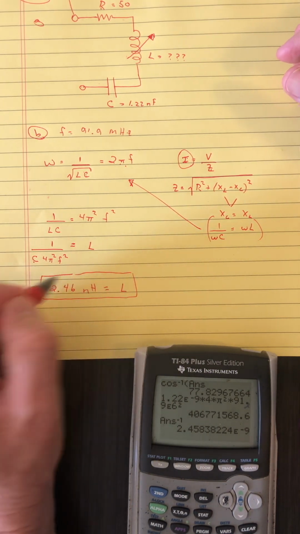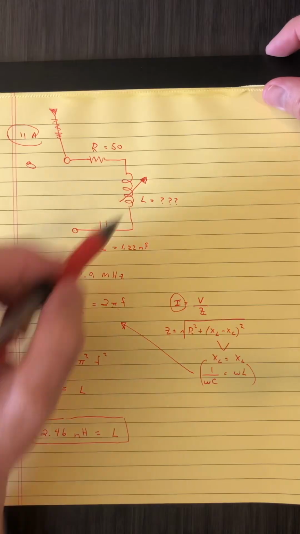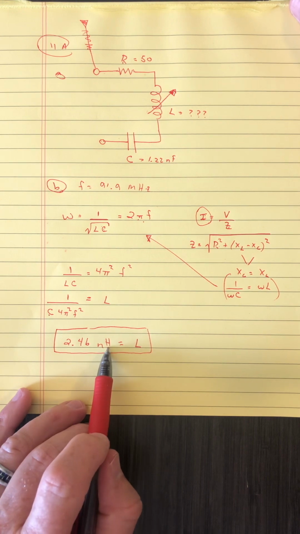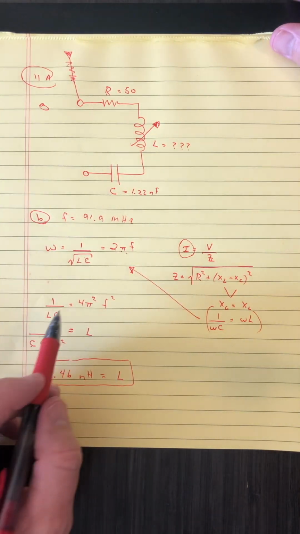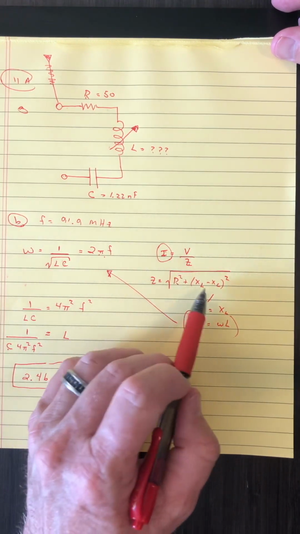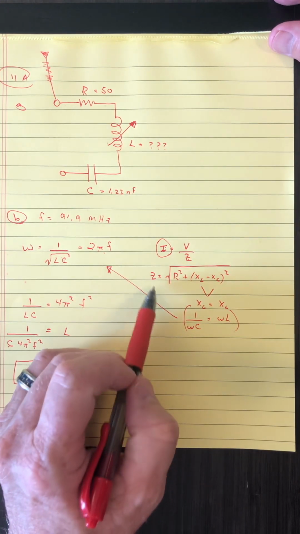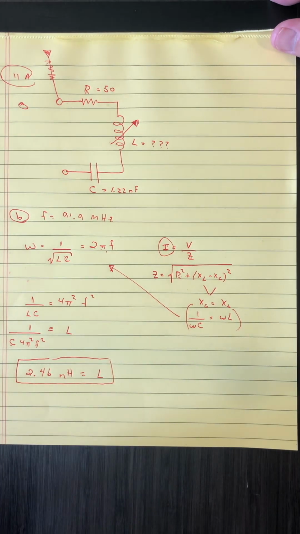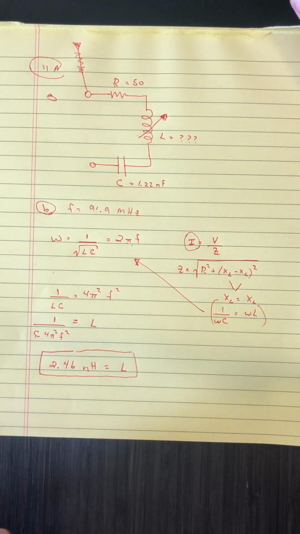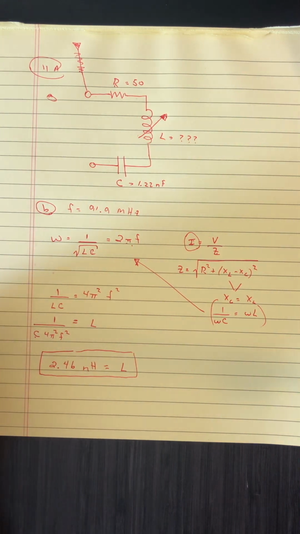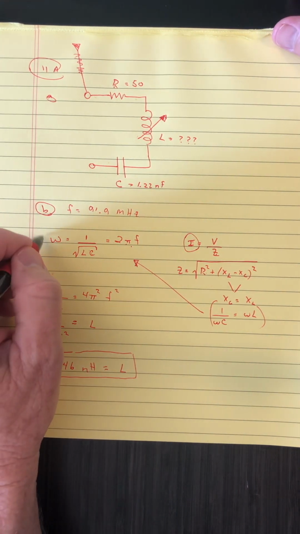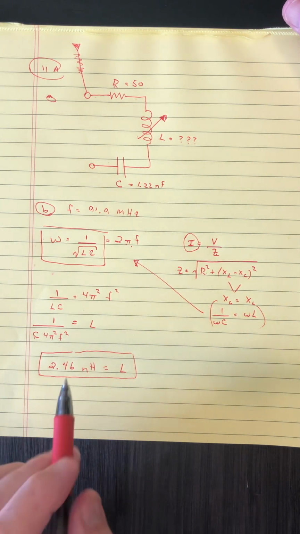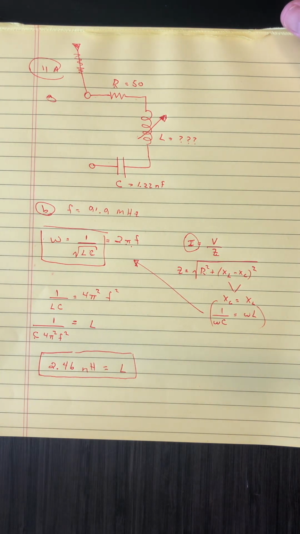That is, if we adjust the inductance to be 2.46 nanohenries together with this capacitor, it would minimize the impedance and maximize the current that flows through this circuit. And that's why we call this a tuning circuit. Anyways, this is the main equation right there. So I hope you recognize that one, because this can be a hard problem.